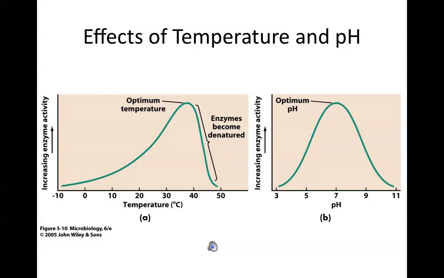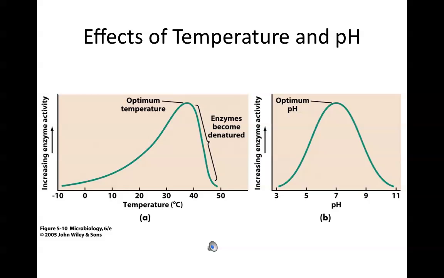We can't take that cooked egg white, cool it down in the refrigerator, and have it turn back into that clear gel. So we always say that denaturing a protein, either any other kind of protein or an enzyme protein, is an irreversible change to that protein. Once you've cooked an enzyme or denatured it, you've essentially destroyed it. It's no longer able to function.